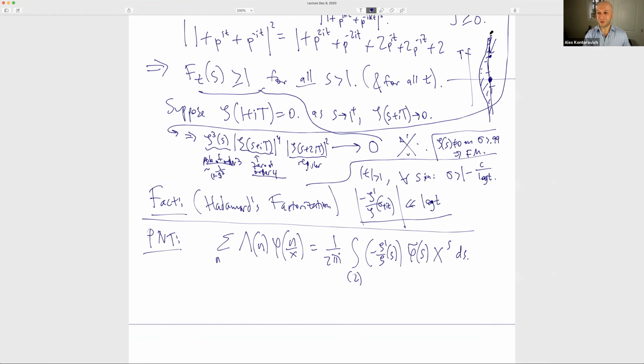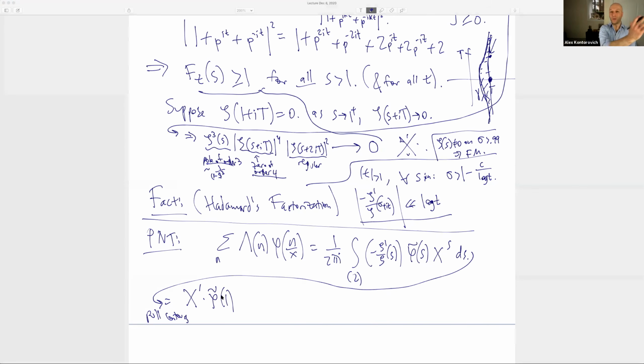If I pull contours to this region, let's call this curve gamma. So I pull contours, I pick up a residue, I pick up x^1 φ̃(1).